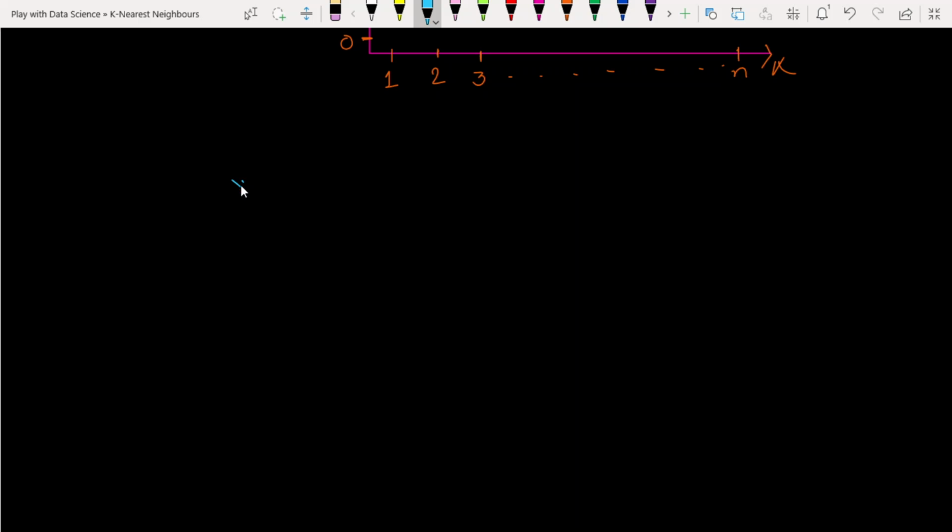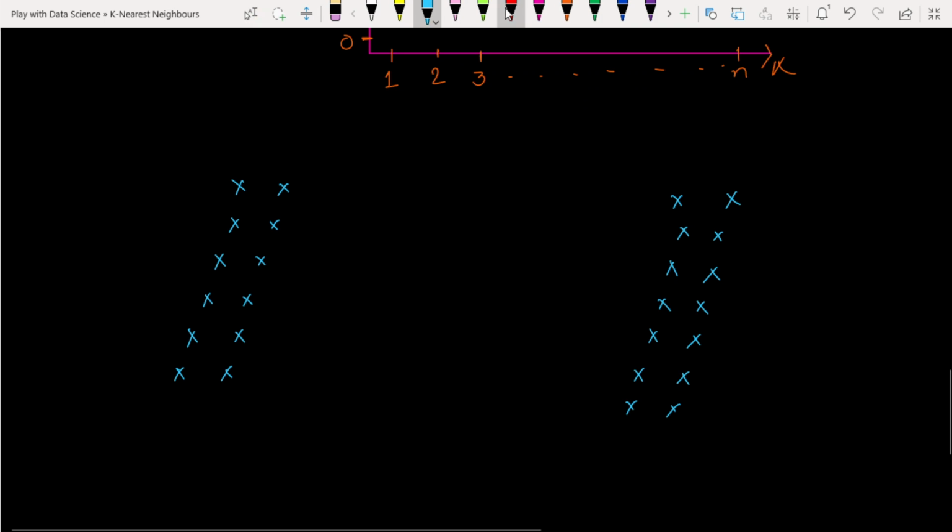Suppose we take the same example that I have already taken previously. Let's take this as our positive set of data points, and this as our negative set of data points.